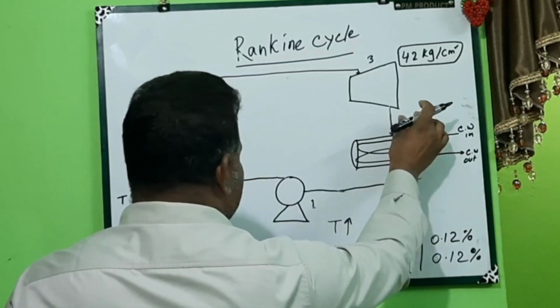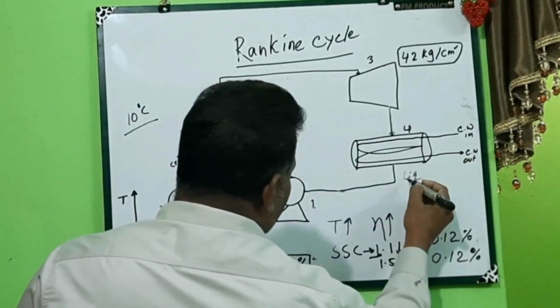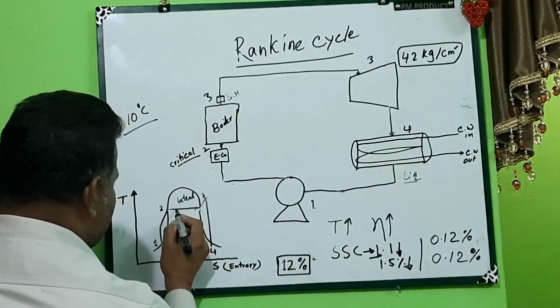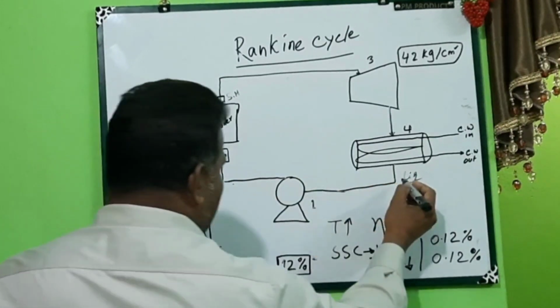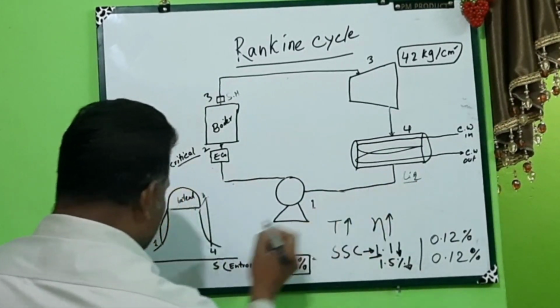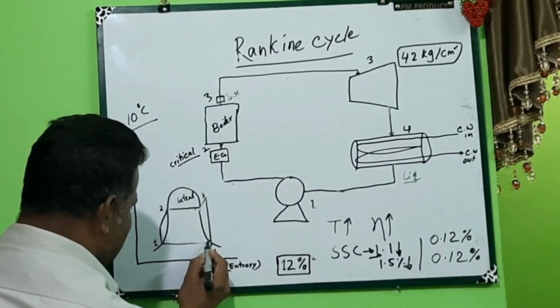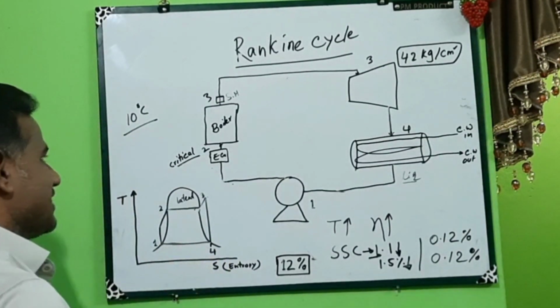This vapor is converted to liquid. On this side latent heat is released, and on the other side latent heat is added. So it is converted to liquid, and this liquid will go back to the pump side. This is the Rankine cycle.